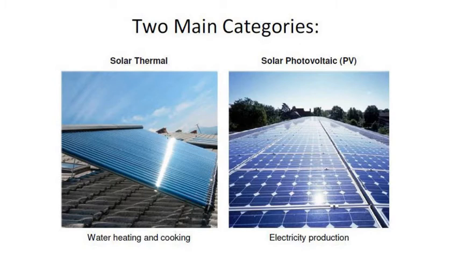Solar thermal is again categorized in two types: first one is water heating or any heating purpose, and second one is for cooking. And solar PV is used for electricity production.